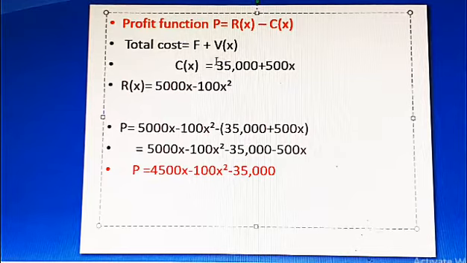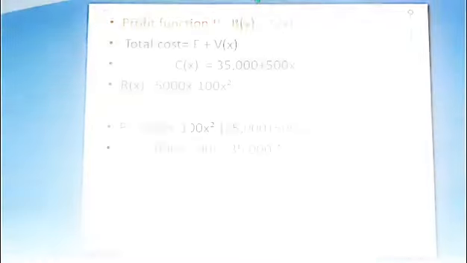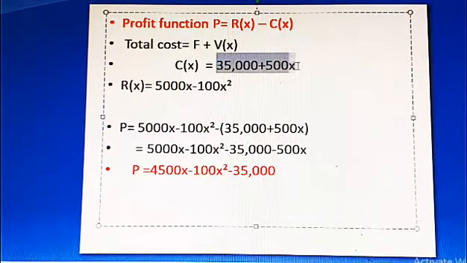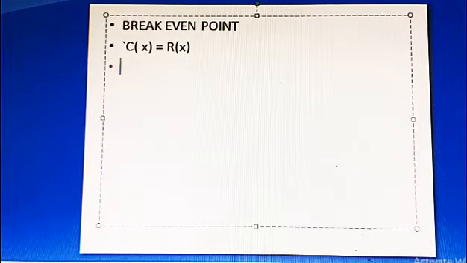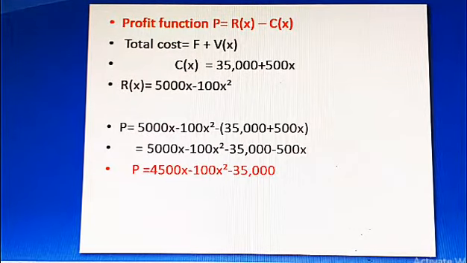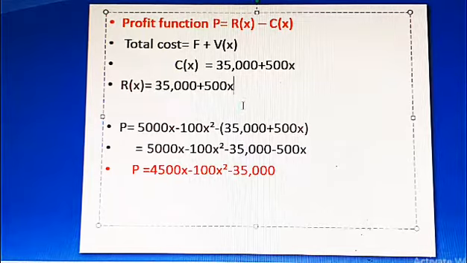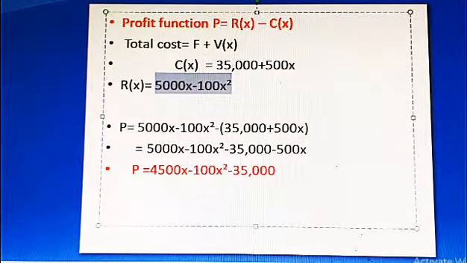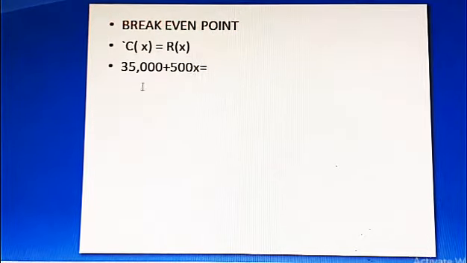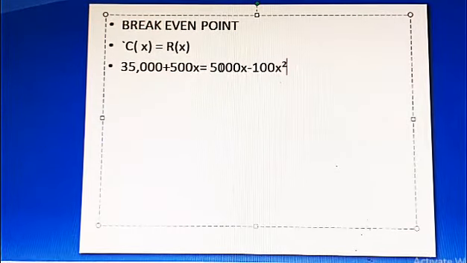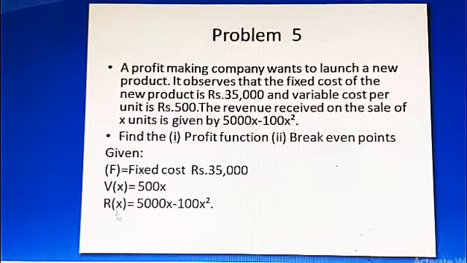We already found the total cost, right? 35,000 plus 500x. Okay, we will take that value, which is equivalent to, and what is your R of x? We already calculated the R of x, or it is already given, right? 5000x minus 100x square. Okay, R of x is already given in the question.